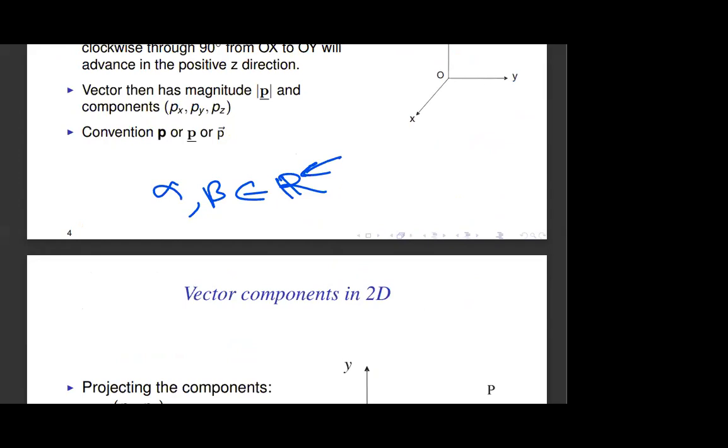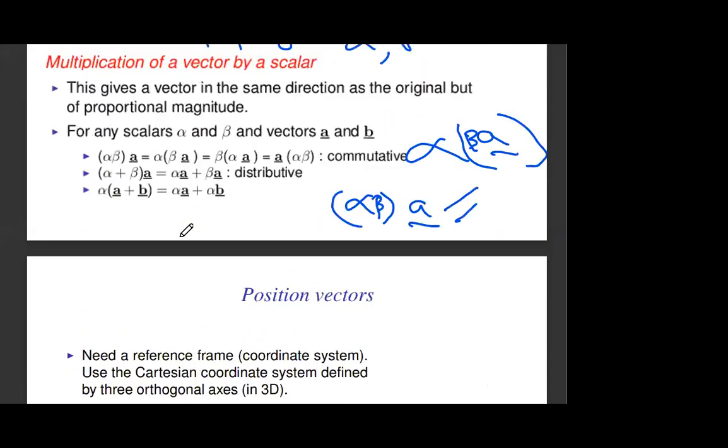Alpha times beta is the same as beta times alpha. I will give some problems on this one, then you will understand these.